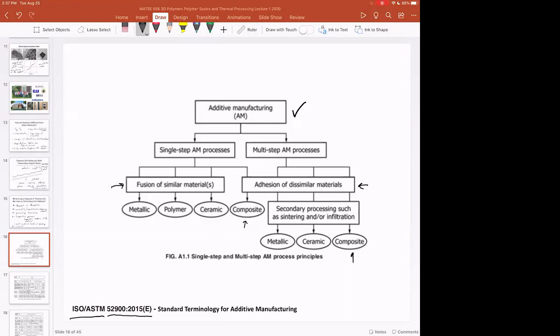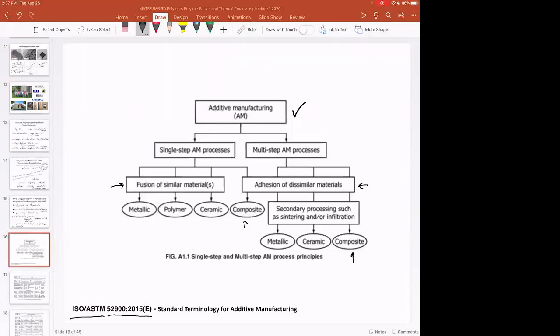And so when you read papers for your homework, there's no guarantee that the authors of those papers are going to use standard nomenclature. But I would urge you to identify the nomenclature in the paper, and then in your own words, connect that to standard nomenclature. And so we'll talk about that as we go through.